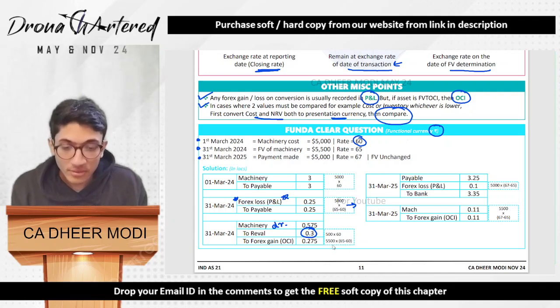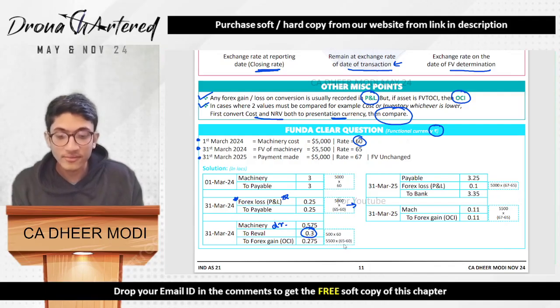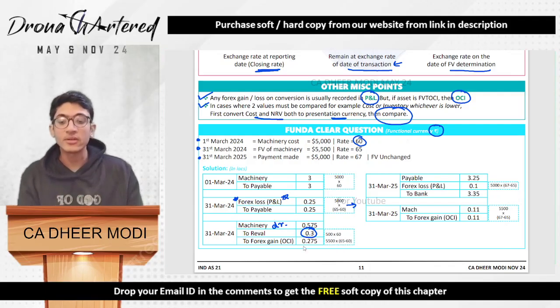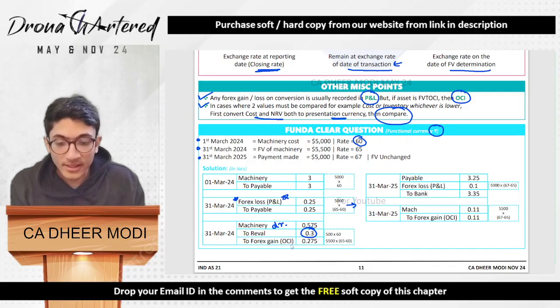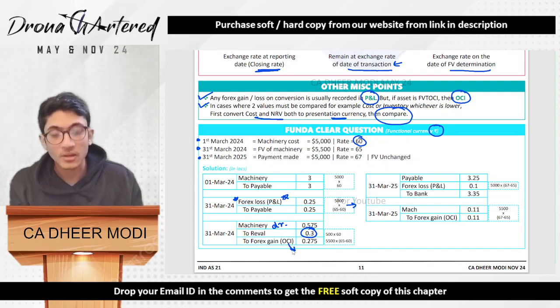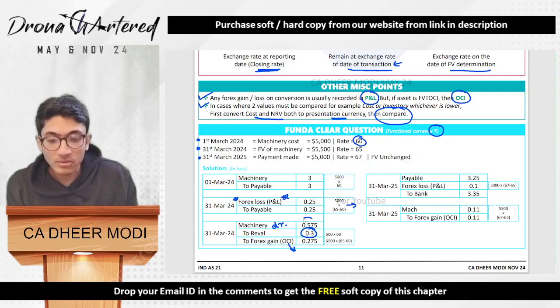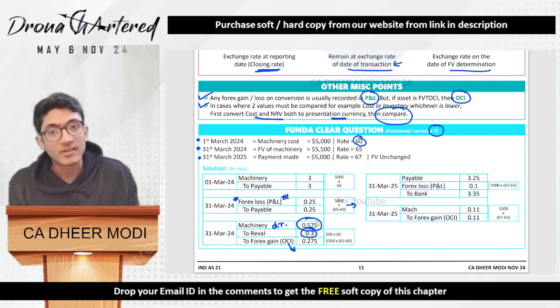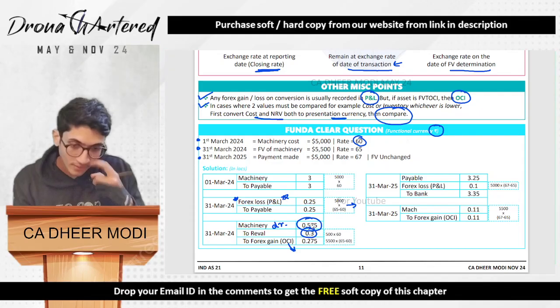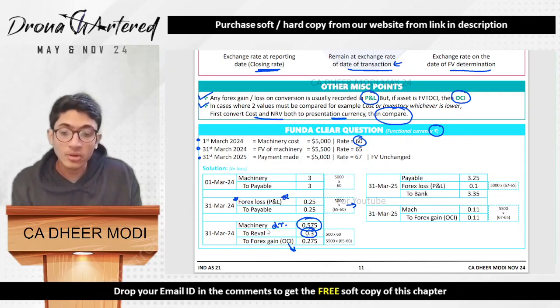Understood? So 5,500 into 65 minus 60, that is your 5. So 5,500 into 5 becomes your forex gain, that is your OCI. This is because of the revalued amount. So this is 0.275 and the balance over here comes to 0.575. Okay?